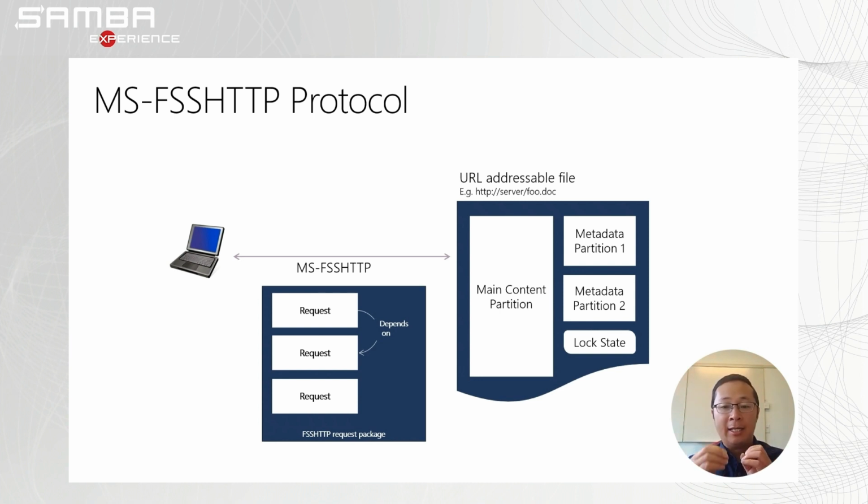This protocol also covers high-level information about how we should chunk a file into different pieces, like content partitions and metadata partitions, and we should also provide a place to store our status for our logs and so on.